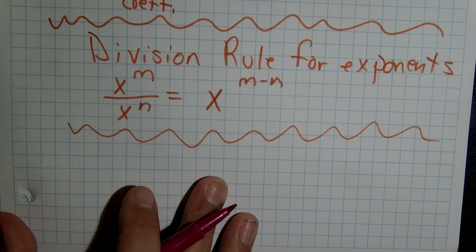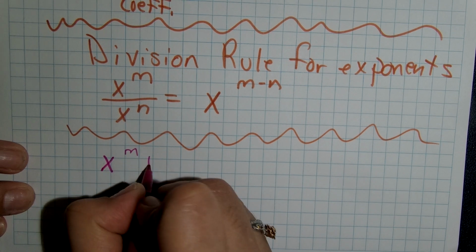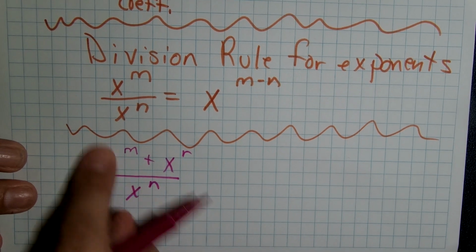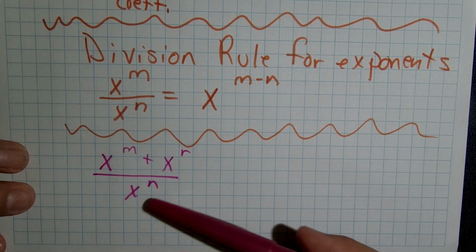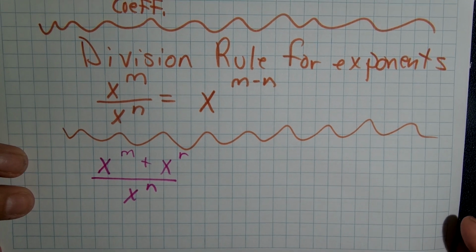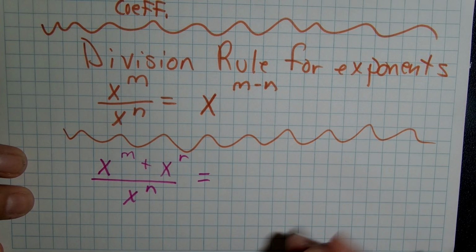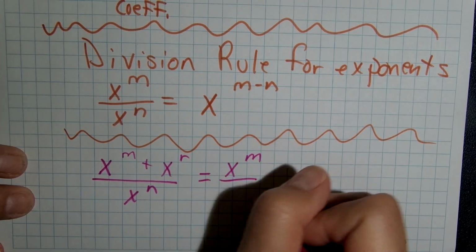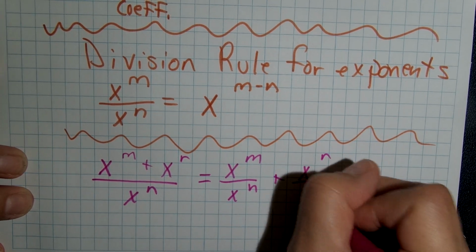And the other thing is just a little note to say if I have these things divided by one term, does anybody know what I can do to this fraction to make it easier? It's okay if we don't, but make sure you know this. What we can do is split up the fraction and put both terms in the numerator into fractions.